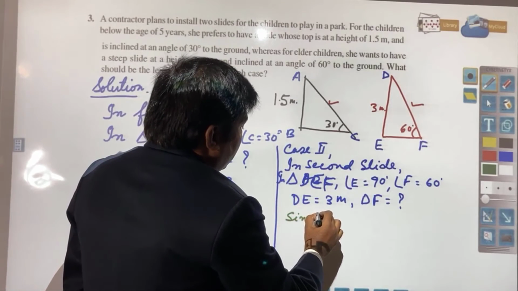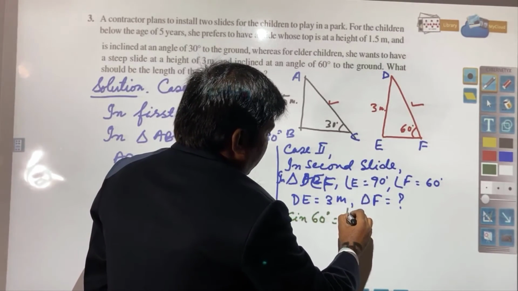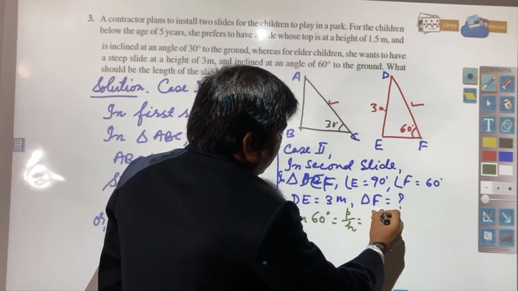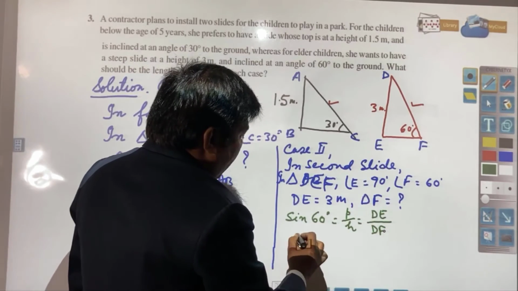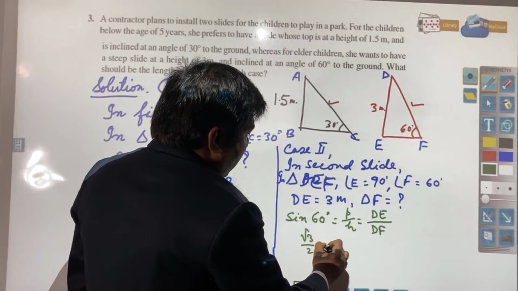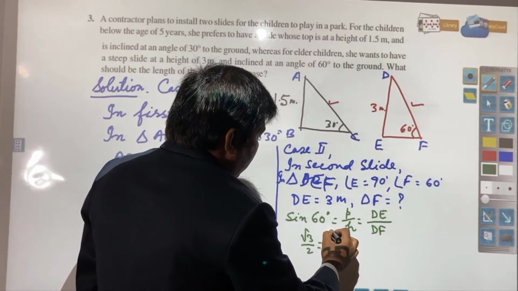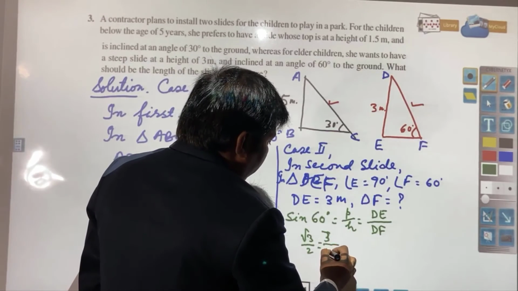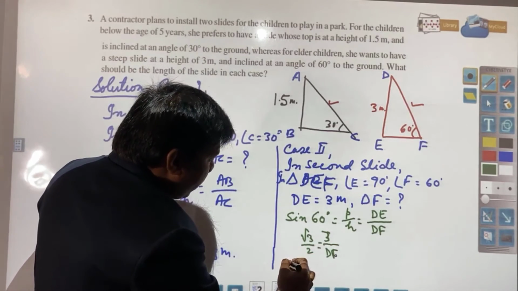Sine 60 degree is equal to P by H, and P what we have? DE by DF. And sine 60 we know this is root 3 by 2, and that is equal to DE means 3 meter, 3 by DF. If we will do cross multiplication, what we will get?